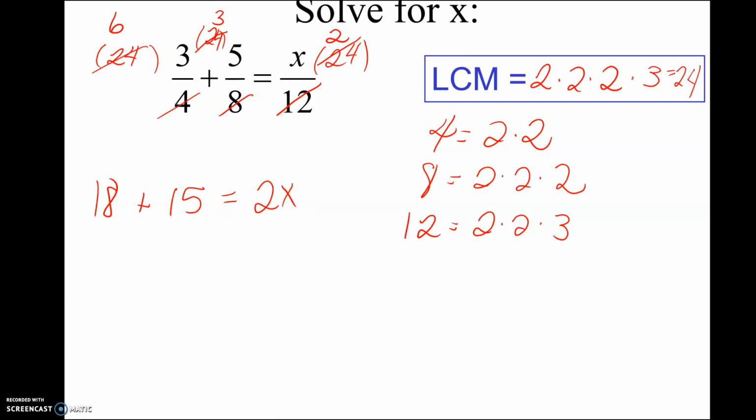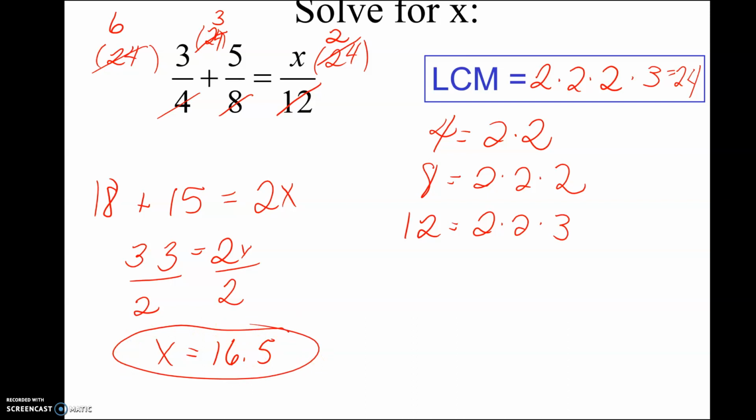And add those together, and I get 33 equals 2x, and then divide by 2. x equals 16.5. And this one we don't really need to plug in because we don't have any x's in the denominator to check.